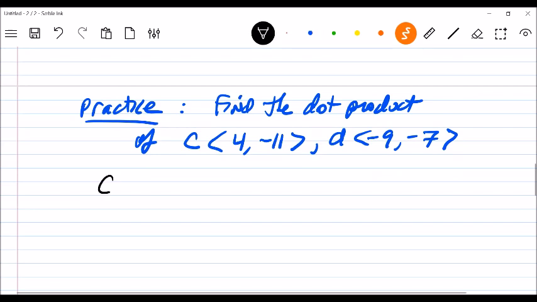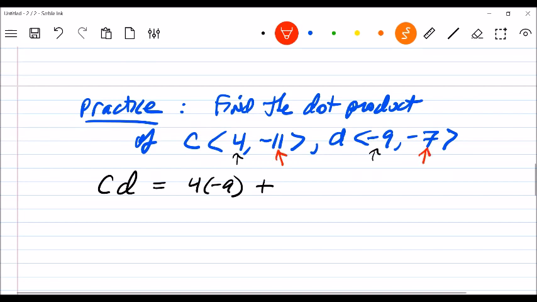Okay, welcome back. So C dot D is going to be equal to the two that look like they're in the place for x values, 4 times -9, plus then the two numbers in the back that look like they'd be in the y places, negative 11 times negative 7.